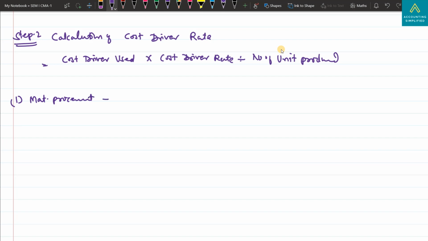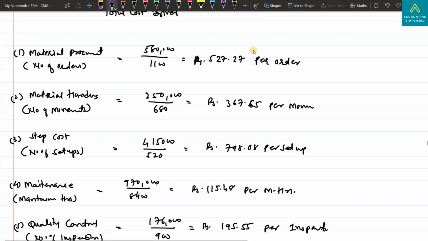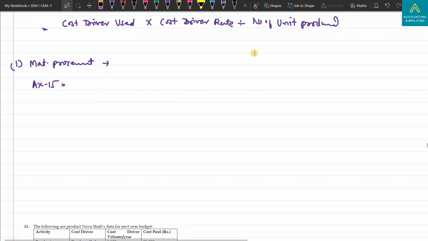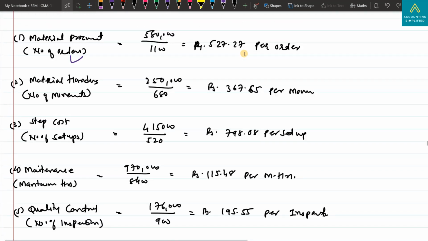First, material procurement, and material procurement is based on the number of orders. For product AX15, how many orders are given?